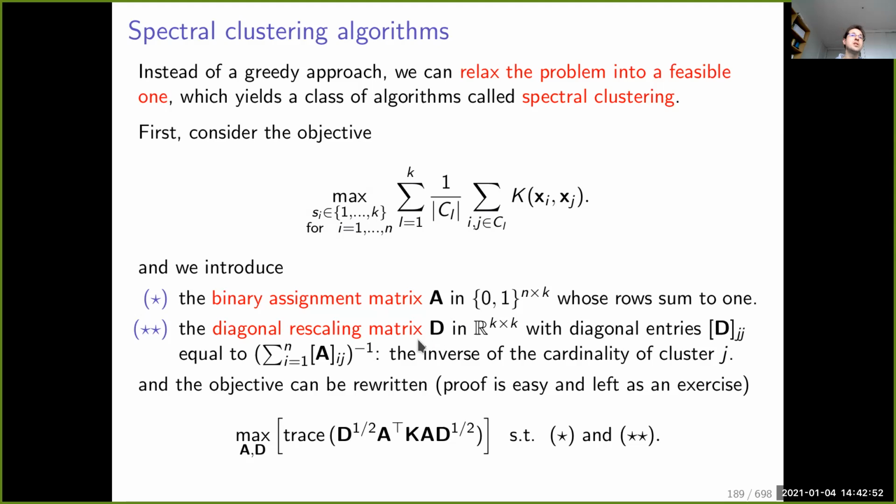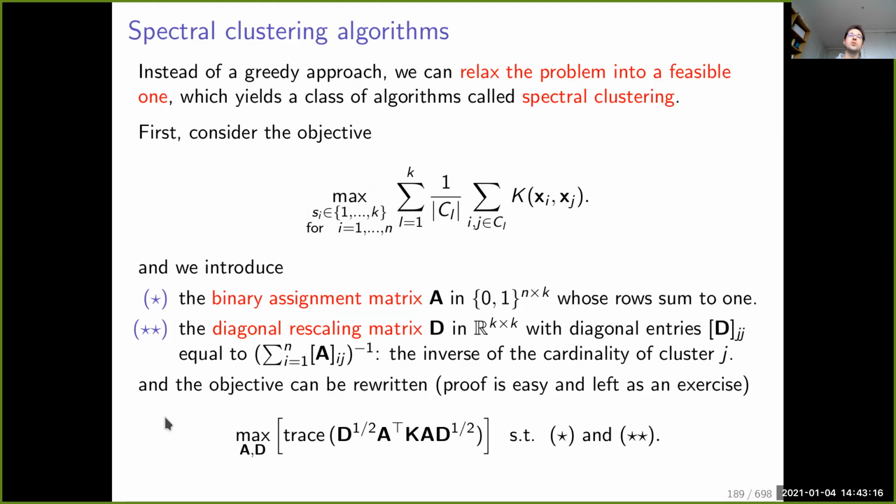And for D, the constraint is simply that D should be diagonal and the diagonal entries should be the inverse of the cardinality. So far, this is simply introducing matrix multiplication notations that give a formulation equivalent to the top one.